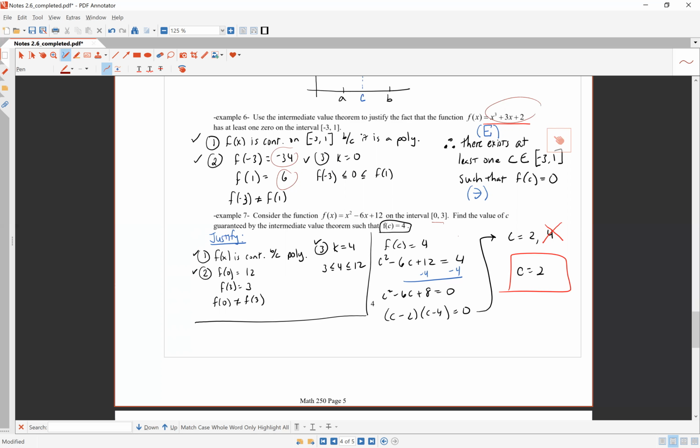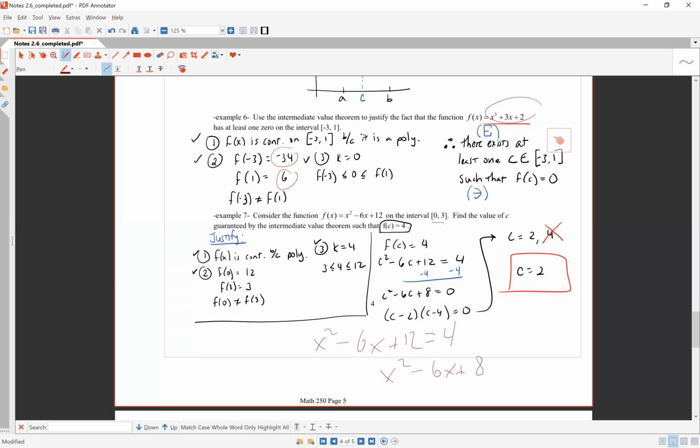You can actually factor, but we want to prove that there's a solution to this equation inside 0, 3. Just subtract 4 from both sides.